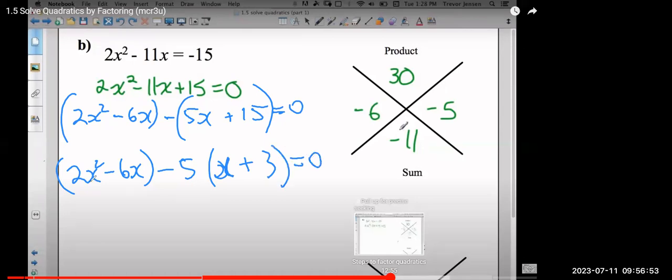I still have to factor out the 2 here. I can factor the 2 and the x here. So it's going to be 2x on the outside, and I'm going to have here x, and see, it doesn't really matter, I'm going to have here -3. Actually, it's going to be... did I make a mistake somewhere? That's a negative.